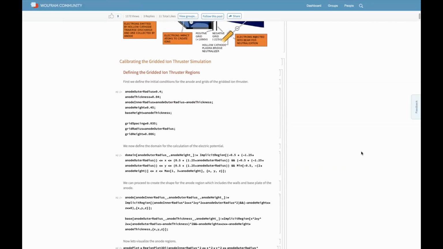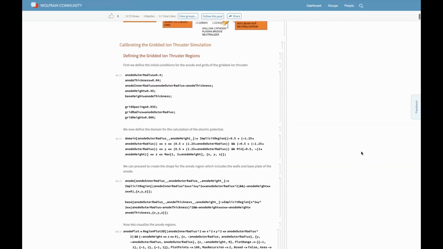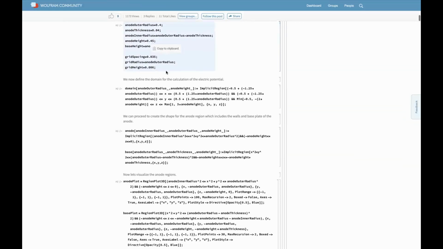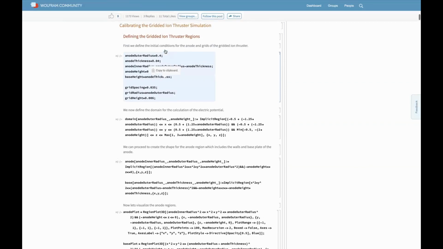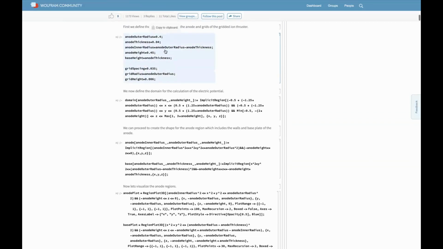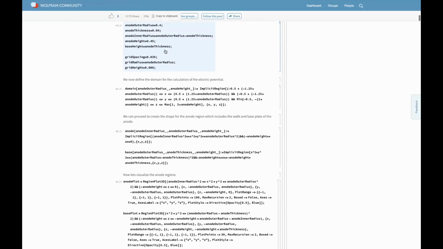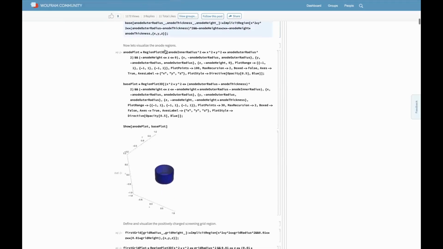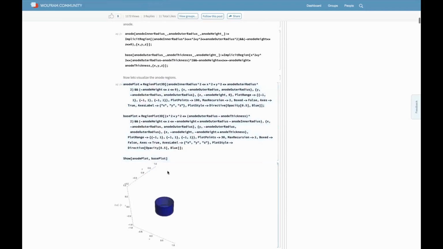So in my project, I defined lots of the basic parameters like the outer radius and thickness of the anode, which is the positively charged part of the thruster. And so I just plotted them out in Wolfram.